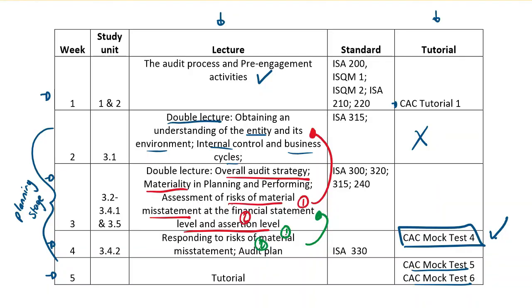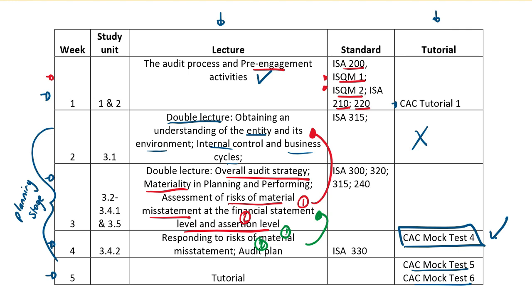In our schedule, guys, you can see we are doing week 1, audit process and pre-engagement activities, and the applicable standards: ISA 200, ISQM 1, ISQM 2, ISA 210 and 220. Remember these were revised, previously ISQC 1, and now it has been replaced with International Standard on Quality Management 1 and 2.